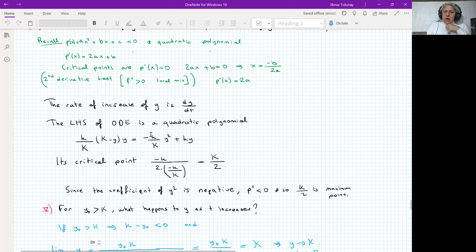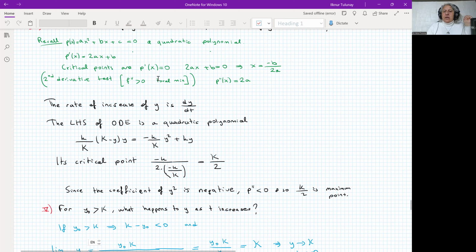On the second derivative test, if the second derivative is bigger than 0, it is a local minimum. If smaller than 0, it is a local maximum. If it is equal to 0, it does not give you any information. In this case, the coefficient is negative, so the second derivative will be negative.